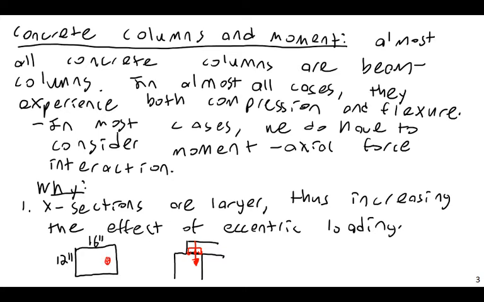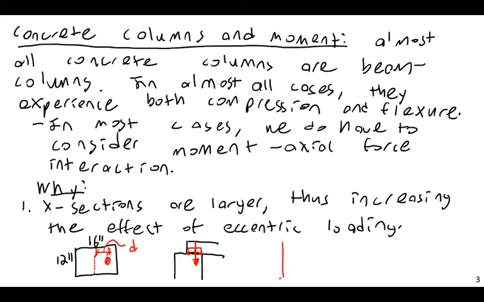So the larger your section, the larger this offset moment arm. If you have the centroid of the force offset from the centroid of the member, you have a force at a distance, so you now have a moment arm. This is your offset, like a D here.